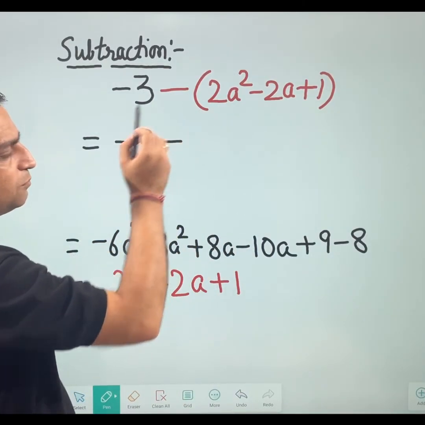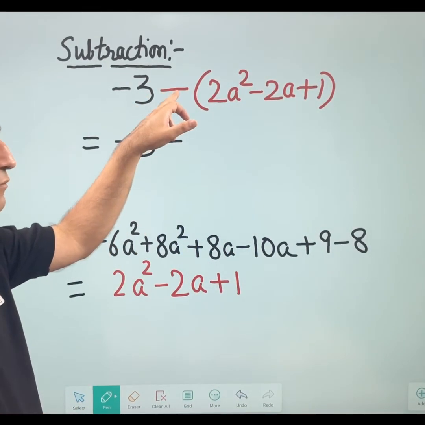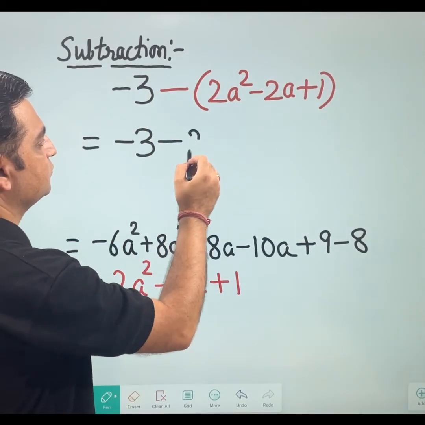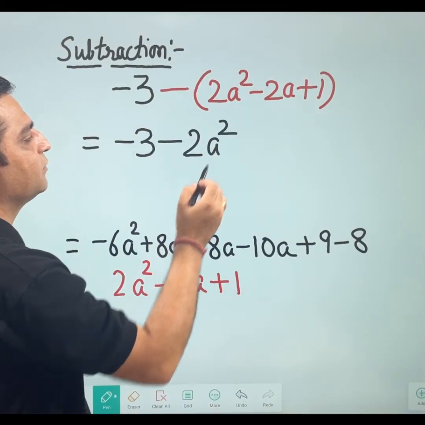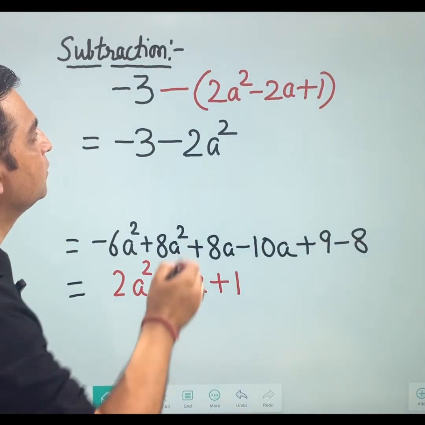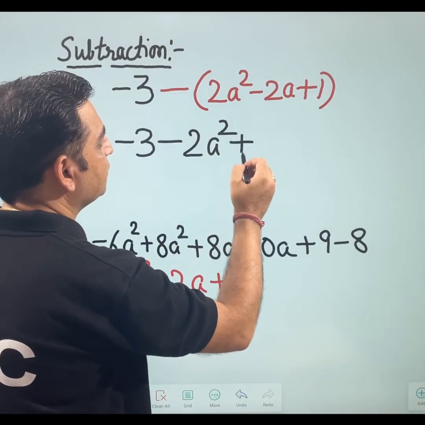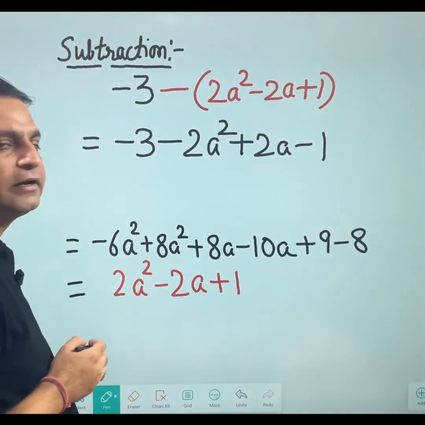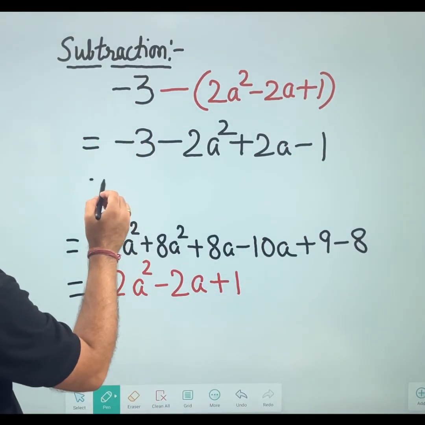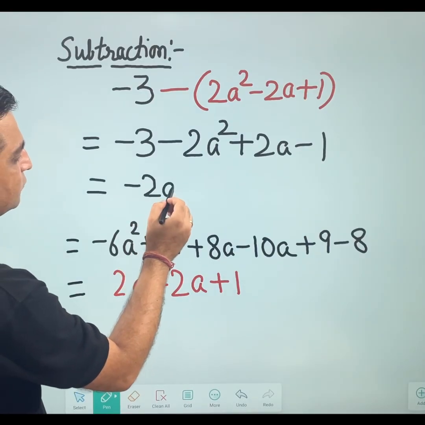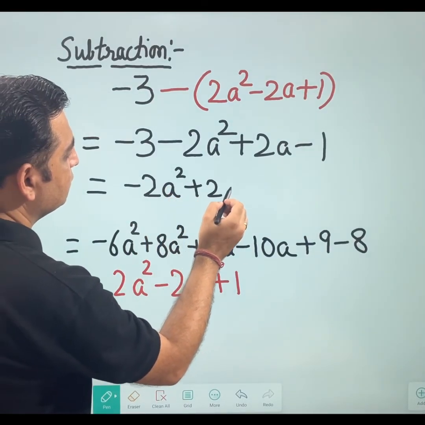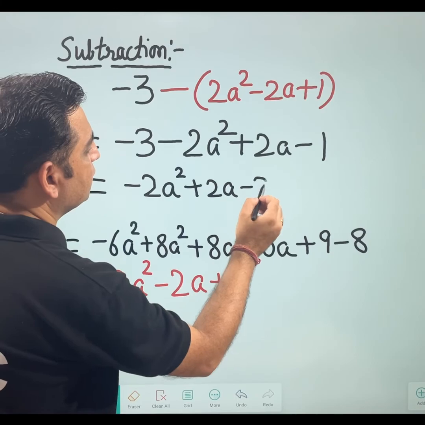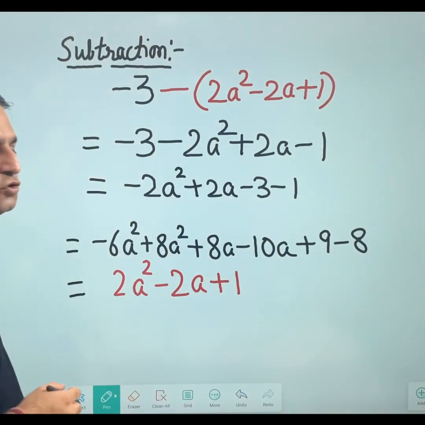Like 2a square was positive, but when it is multiplied with this minus sign it becomes negative. So we get minus 2a square. This minus 2a becomes plus 2a, and plus 1 becomes minus 1. Write the like terms now: minus 2a square plus 2a. Then this minus 3 and minus 1 are written together.